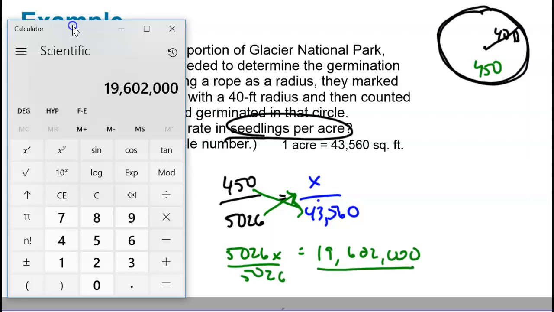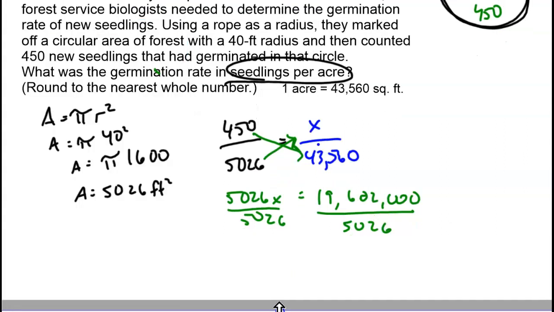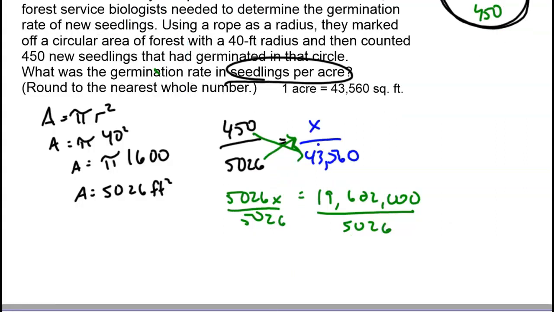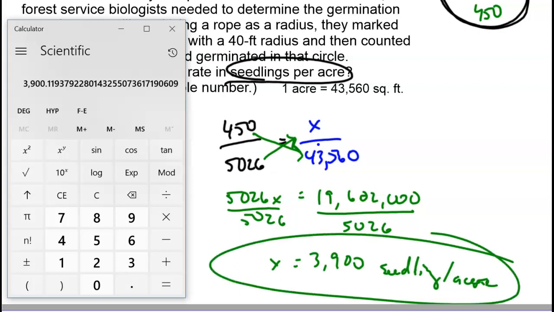We divide by 5,026, what we do to one side we have to do to the other side, and we get, I think it said 39, and so X equals 3,900 seedlings per acre. Okay, and that answers the question.